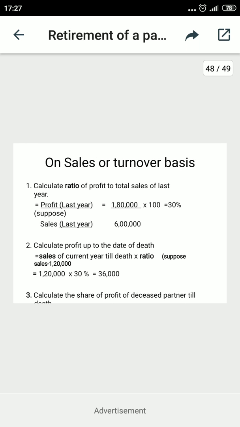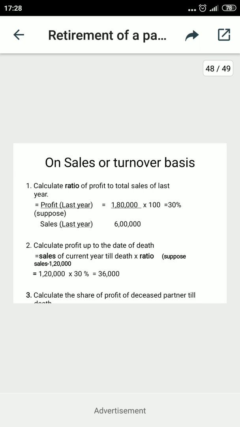Now I am moving to the next method, on the basis of sales. When I am talking about sales, the student first needs to calculate the ratio, or the percentage to the total sales. Here, the question sometimes gives the profit of the last year and the sales of the last year.